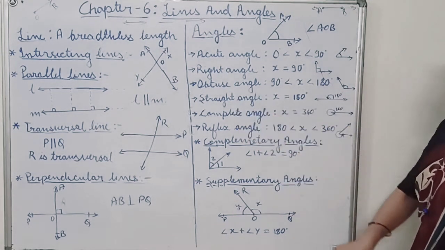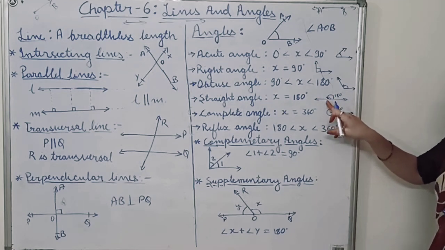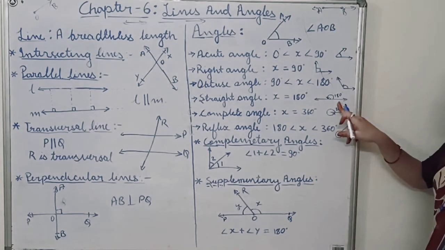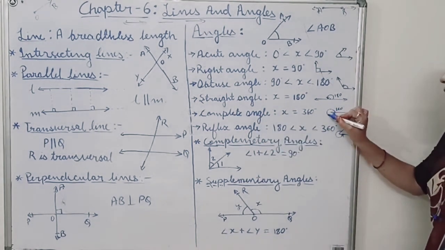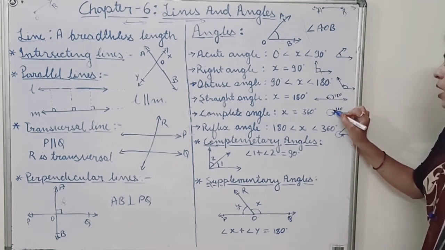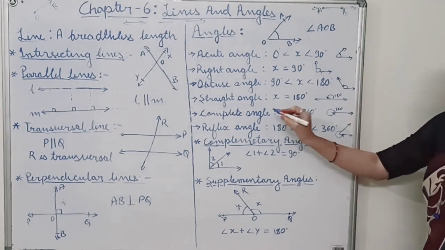Now straight angle. What is straight angle? An angle whose measure is 180 degrees, making a straight line, is straight angle. Now complete angle. At any point, the sum of all angles is 360 degrees, no? Okay, so complete angle is what?